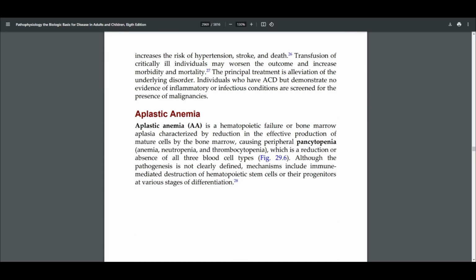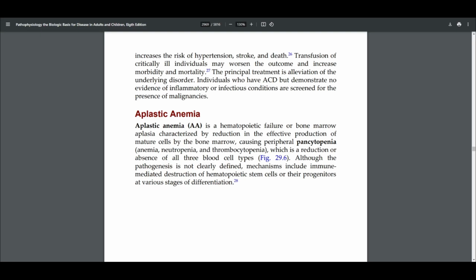Transfusion of the critically ill individual may worsen the outcome and increases morbidity and mortality. The principal treatment is alleviation of the underlying disorder. Individuals who have ACD but demonstrate no evidence of inflammatory or infectious conditions are screened for the presence of malignancies.